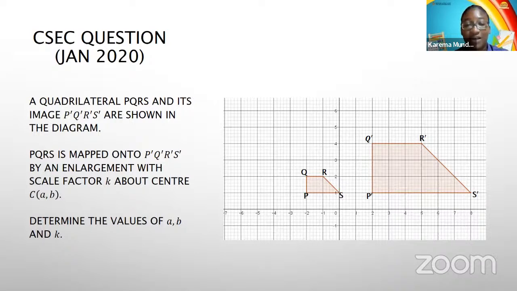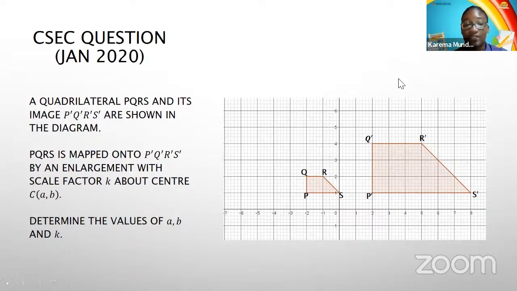The quadrilateral PQRS and its image P prime, Q prime, R prime, S prime are there, and they already tell you that it's an enlargement. You don't even have to guess. All they're asking you is to say what the scale factor is and what the center is. Remember, we would have done this in the previous session.